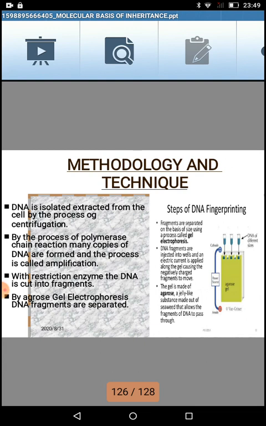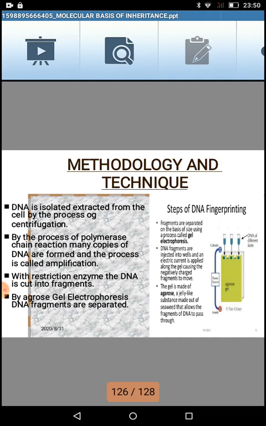We try to increase the number of DNA. There is also a technique called polymerase chain reaction, which is PCR, that can be done to increase the amount of DNA. It will amplify the DNA, it will multiply the DNA, so the material in hand will be more in amount. So once the amplification is done, then with the restriction enzymes the DNA is cut into fragments.